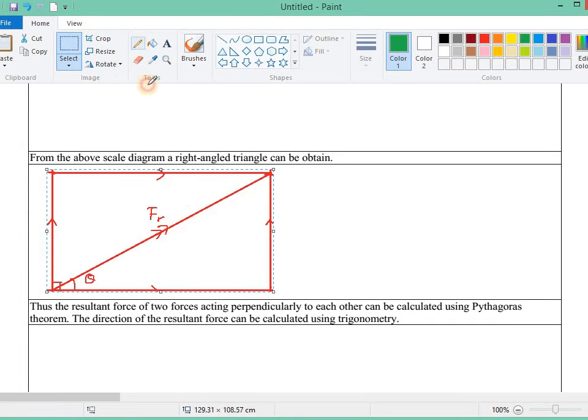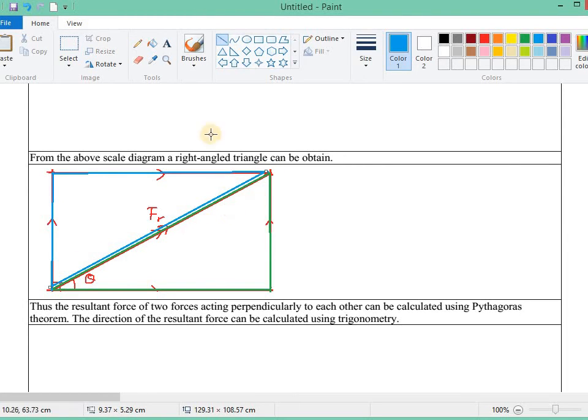You see, we can get a right angle triangle from here, here, here, or here, here, and here.